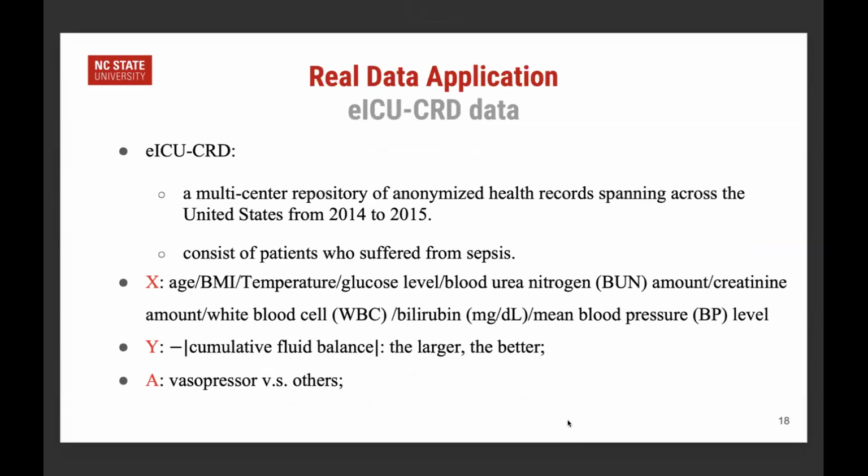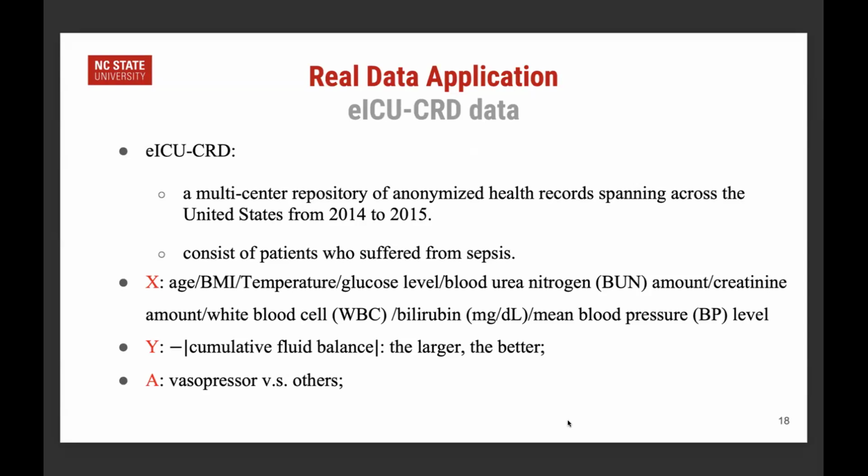So here we present one real data application. We use the eICU CRD data, which is a multi-center repository of anonymized healthcare records spanning across the United States from 2014 to 2015. It consists of patients who suffer from sepsis. We include 10 covariates X, including age, BMI, temperature, mean blood pressure, and so on.